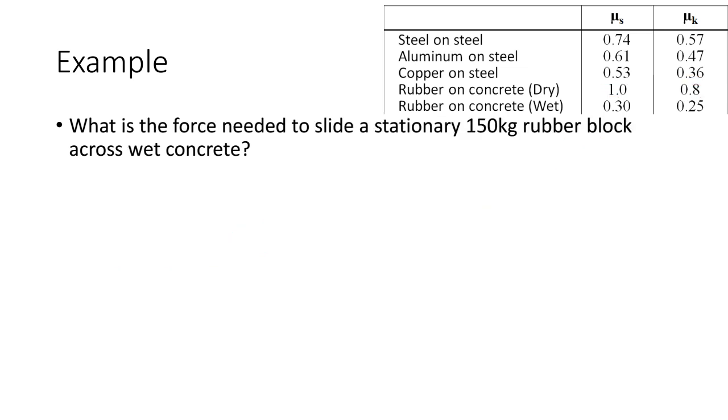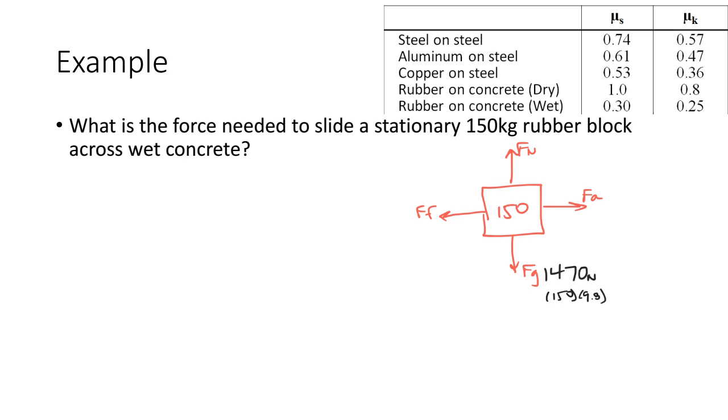What is the force needed to slide a stationary 150 kilogram rubber block across wet concrete? I'm going to start off with a free body diagram, and I'm going to fill in some values. First, by finding my force gravity by multiplying 150 times 9.8, which gives us 1,470 as force gravity and force normal. Next, let's find our force of friction by saying force of friction is mu times force normal.